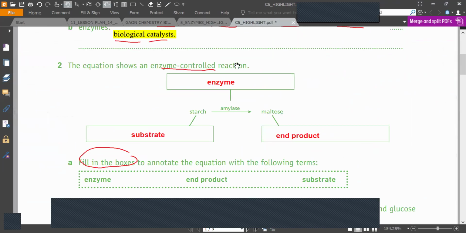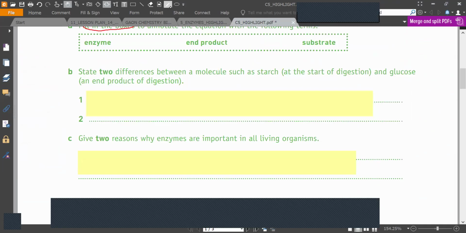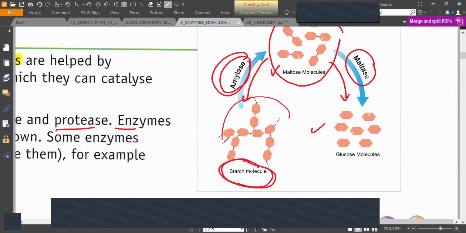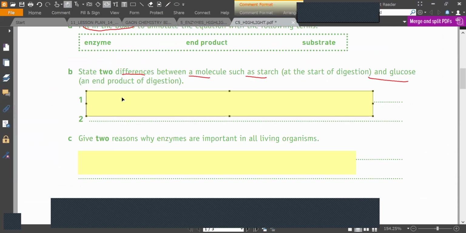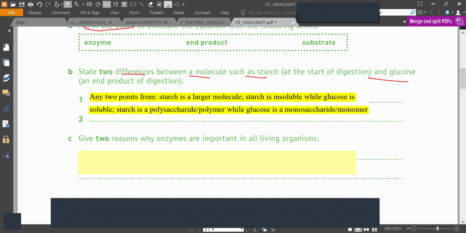Okay, next. State two differences between a molecule such as starch and glucose. So what's the difference between the starch and glucose? This is starch, this is glucose. This is a very complex molecule, this is a simple molecule. So we can say starch is a larger molecule, and starch is insoluble.